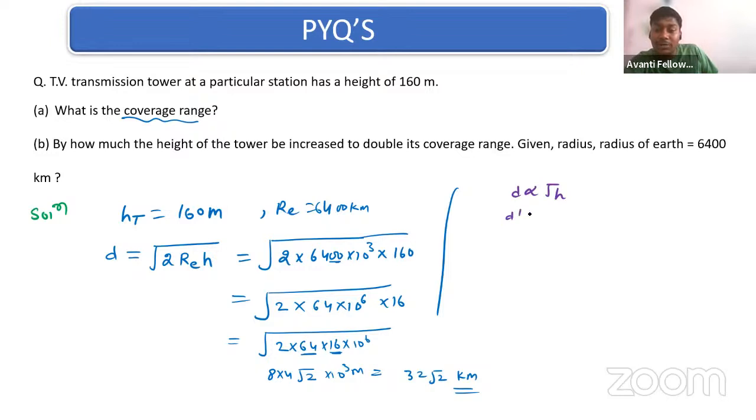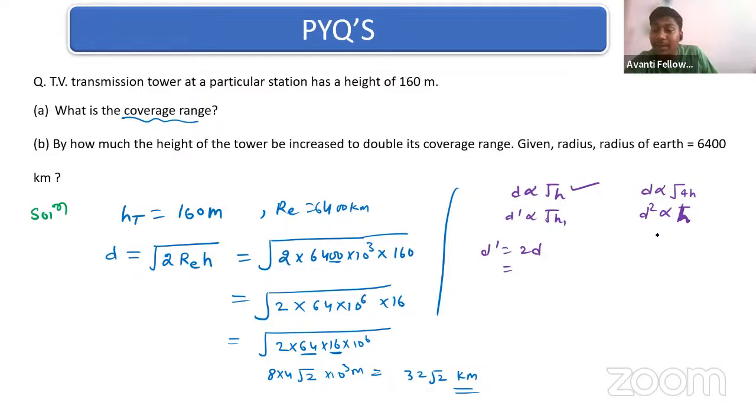If I want the range d prime to be equal to twice of d, then d square is proportional to the height h.